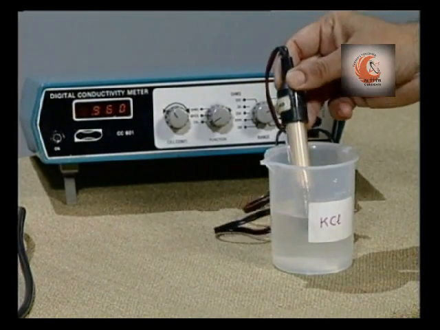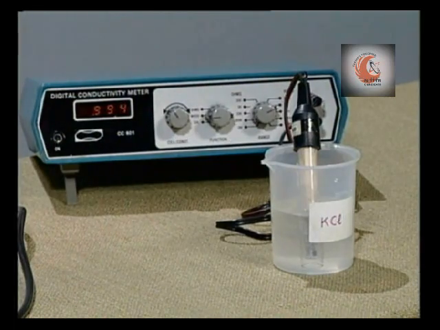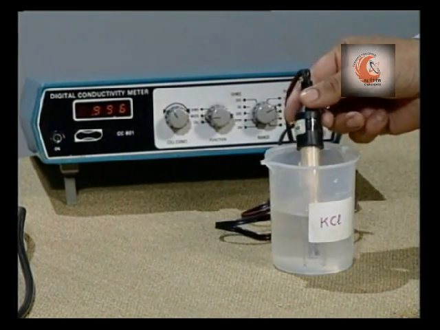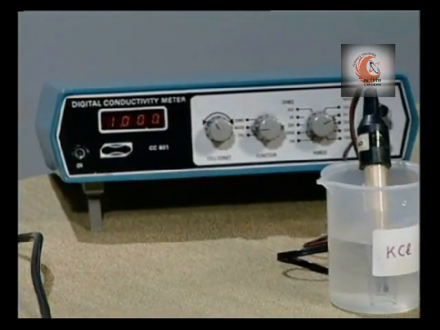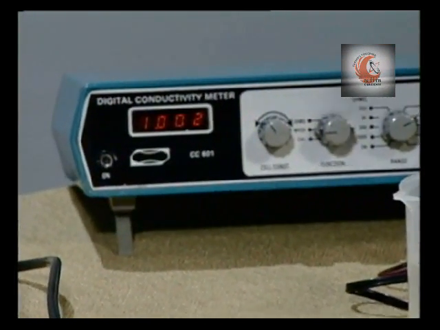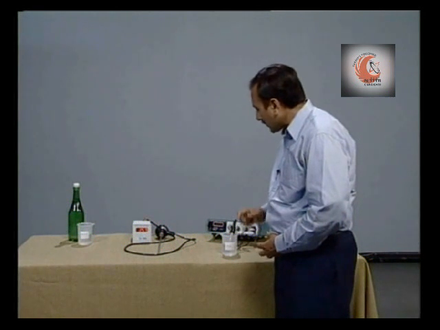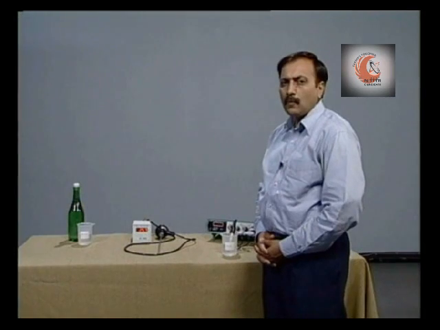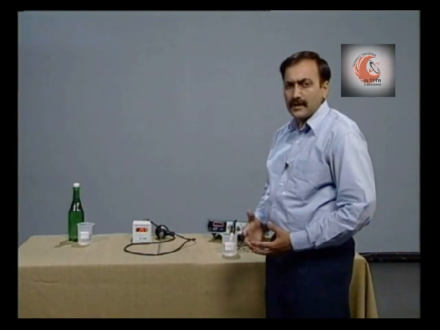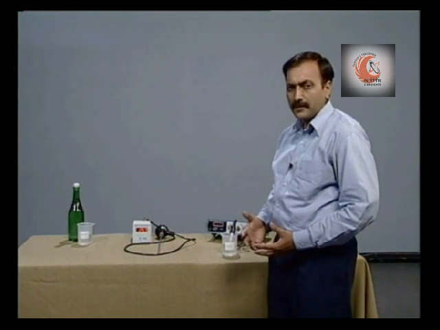On measuring its conductivity, the displayed value is 1.003 millimhos per centimeter. This is very close to the value 1. So, therefore, we can say that the instrument is calibrated rightly.